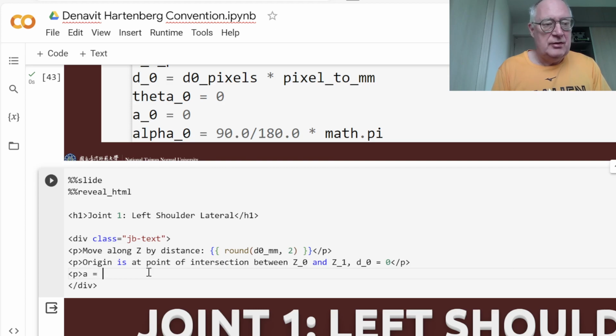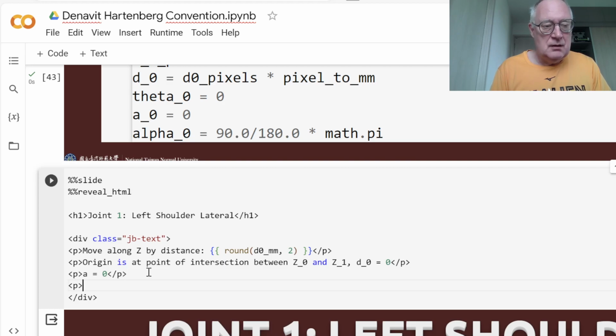So that means A is equal to 0. And now I rotate X by 90 degrees.